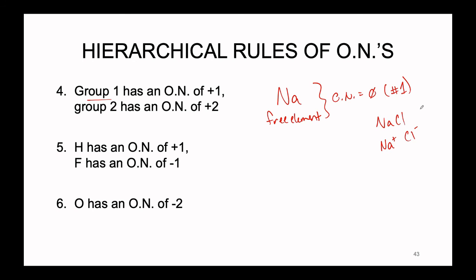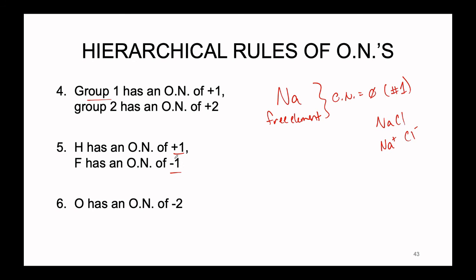Rule number 5 pertains to hydrogen and fluorine. Now, these two elements are relatively special and particularly finicky. Hydrogen will always prefer to have a charge of +1, and fluorine will always prefer to have a charge of -1. These rules for hydrogen and fluorine rarely get broken, but sometimes they can.